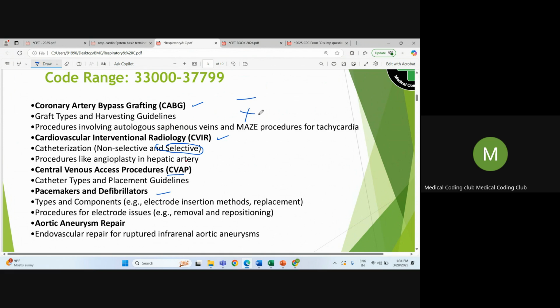Also be aware of the harvesting coding guidelines. If they harvest from a vein, it is an included procedure, and a few veins are excluded from the vein procedures. Same way for artery: radial and ulnar arteries are excluded from the artery procedure, so you have to code separately whenever they harvest from those arteries. CABG one code and harvesting one code.